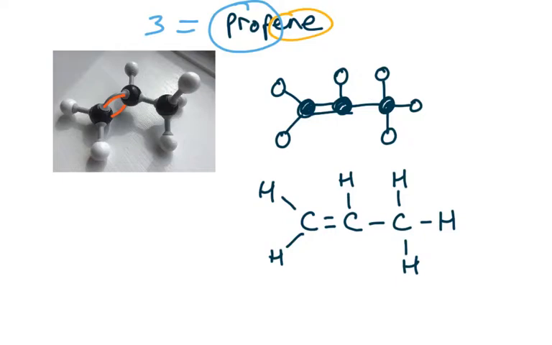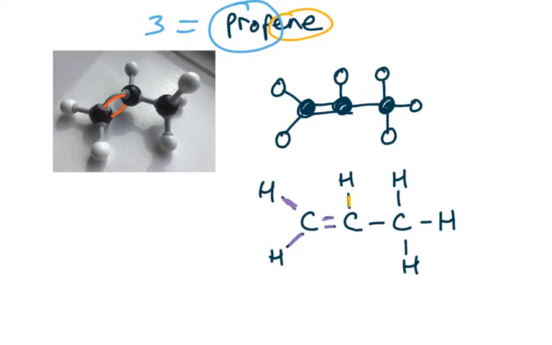This is really important when you're drawing these types of molecules, because you need to make sure that you're not adding any more than 4 bonds coming out of each carbon. So you'll notice that this carbon here, it's got 1, 2, 3, 4 bonds coming out of it.